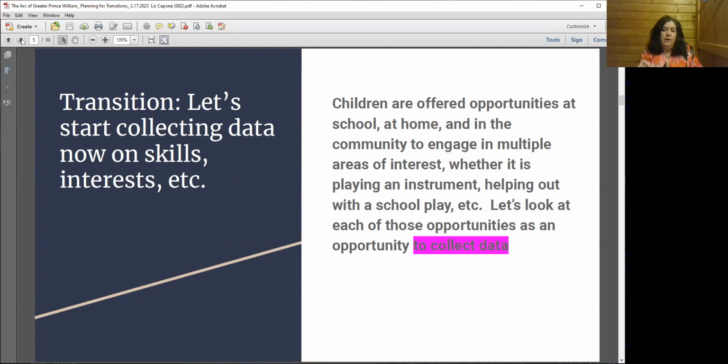So if they go and volunteer at the concession stand at the baseball game, and they work very well in a group. If they volunteer in their Boy Scout, Girl Scout, church group, synagogue group, whatever, for the craft fair or whatever, and work well in a group, we're starting to see trends.